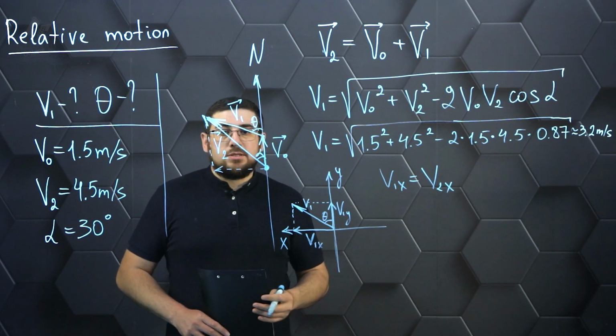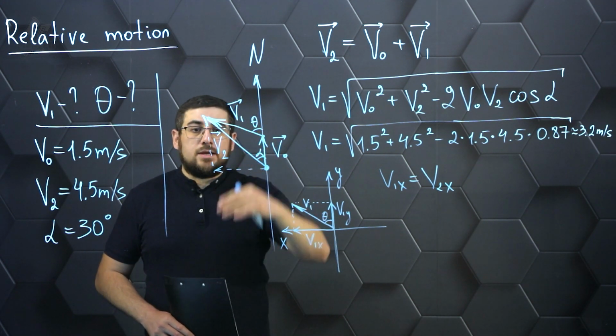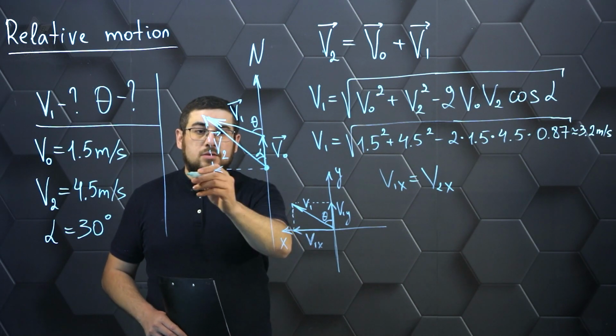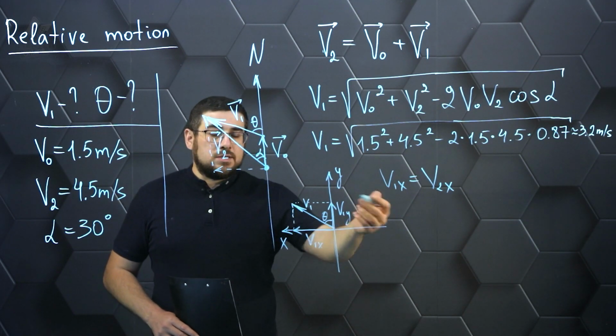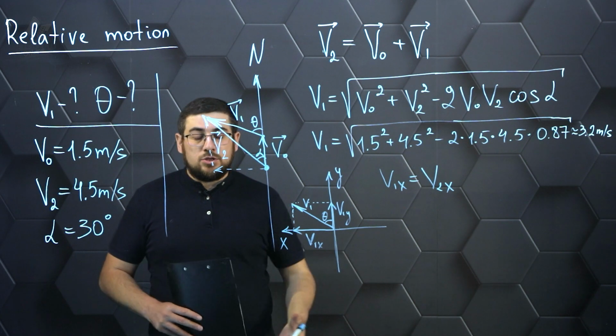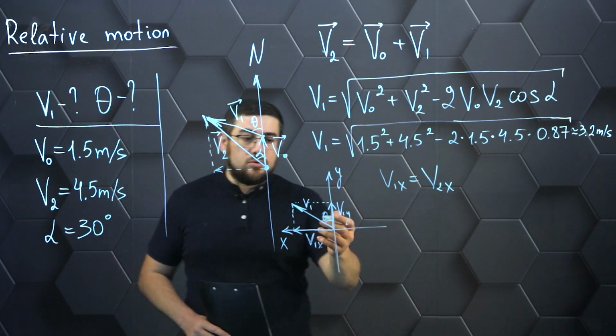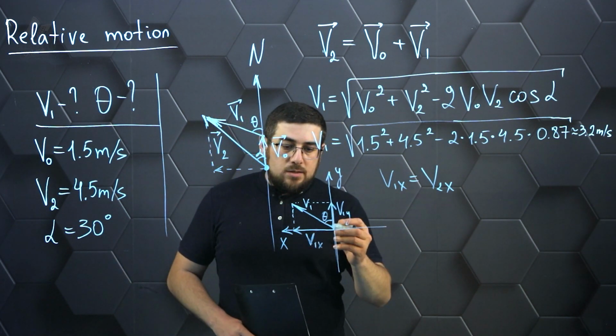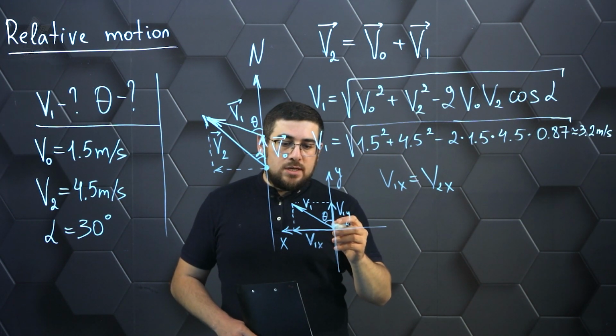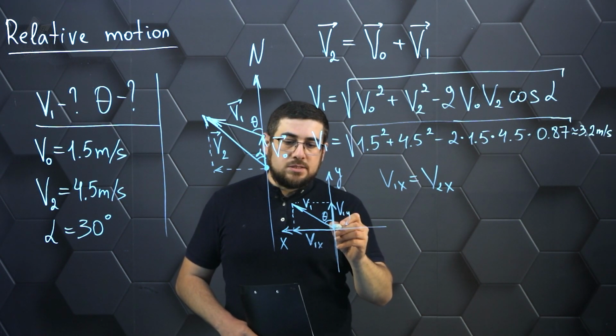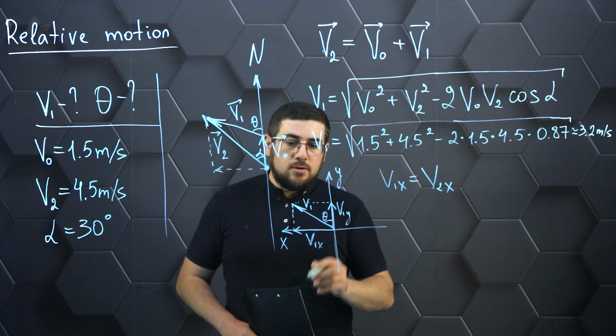So our problem is to find the components of the vector v2 in this direction, and then write down the necessary trigonometric relation to calculate this angle θ. Then we understand that the angle θ will be found based on the knowledge of the hypotenuse in this triangle and the opposite catheti.